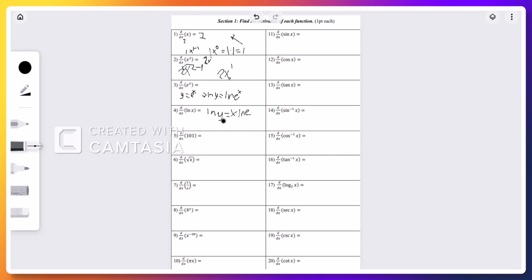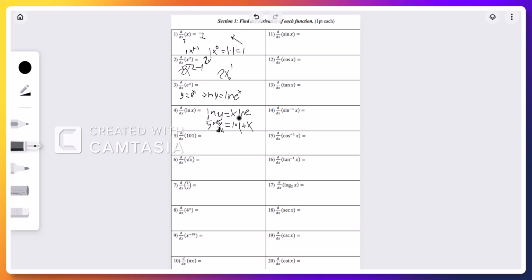And then now we're going to derive it. So we get 1 over y times dy over dx equals 1 times 1, because the natural log of e is 1, plus x.